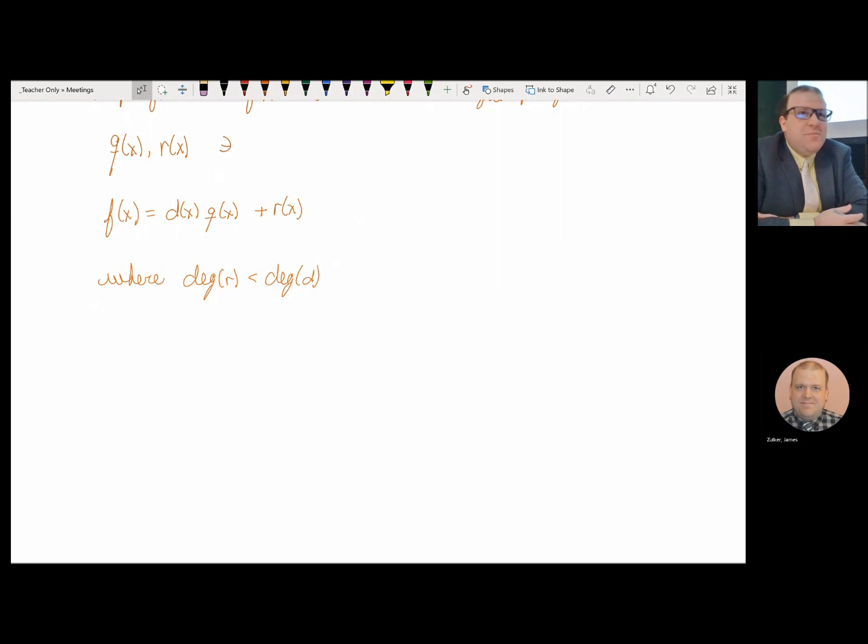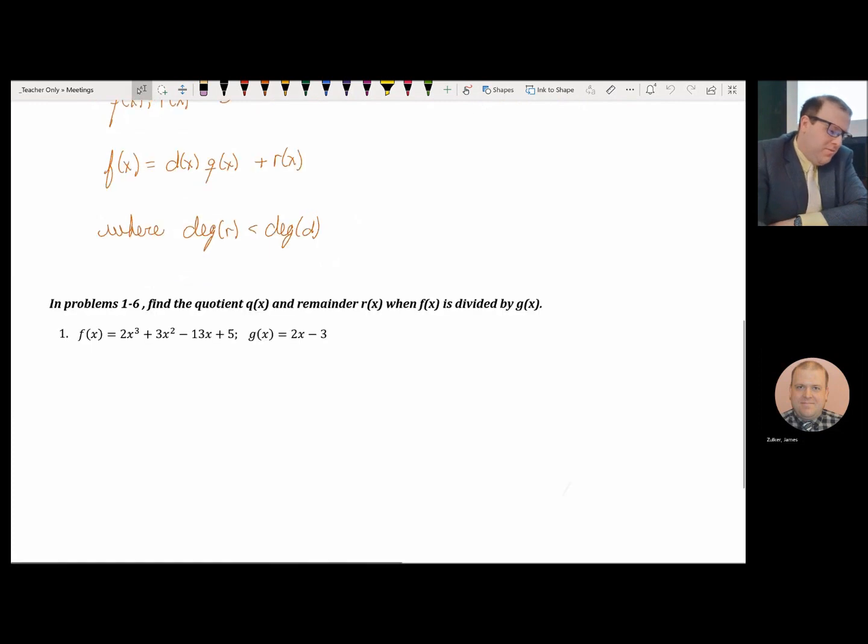And it works pretty much the exact same way. We also have a new technique called synthetic division. However, synthetic division works only on specific divisors, specifically if your divisor is of the form x minus a. And we will look at both techniques.